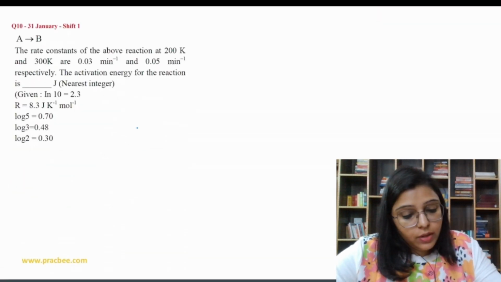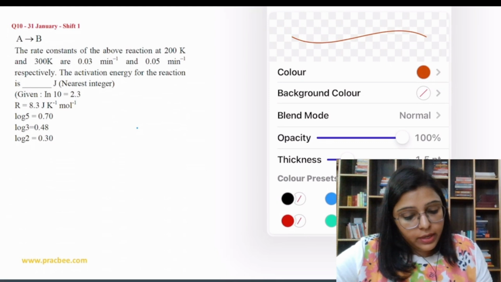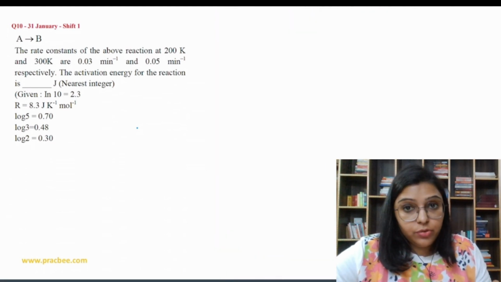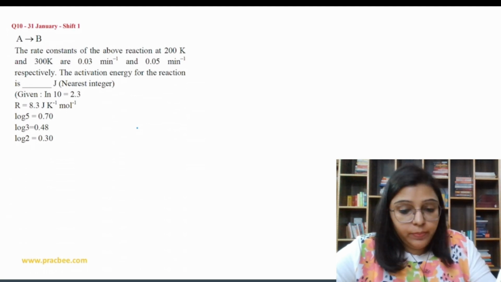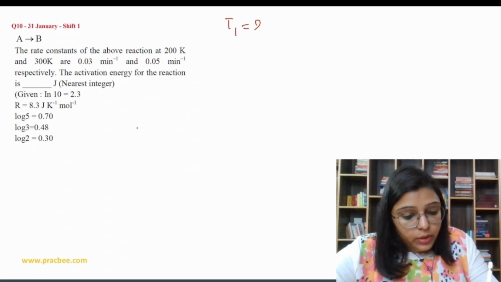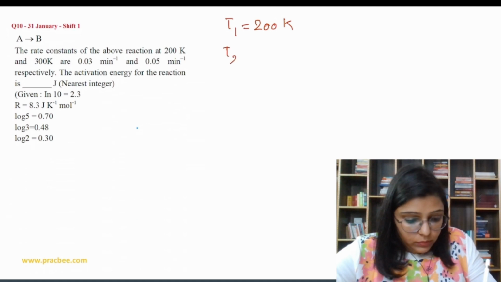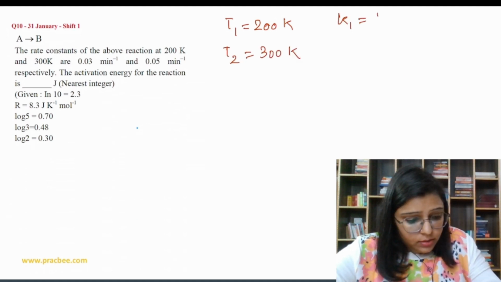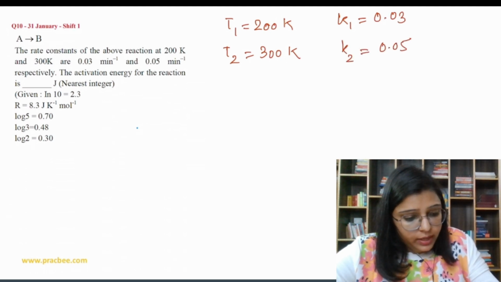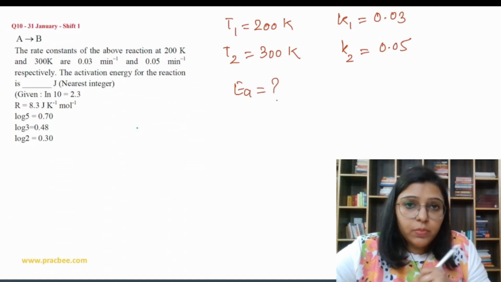The rate constants of the above reaction at 200 Kelvin and 300 Kelvin are 0.03 and 0.05 per minute respectively. Okay, fine. So T1 is 200 Kelvin, T2 is 300 Kelvin. K1 is 0.03, K2 is 0.05. So for the activation energy of the reaction, which formula are we going to use?